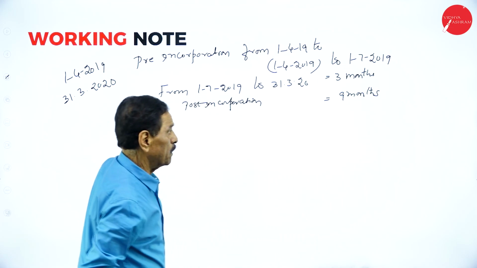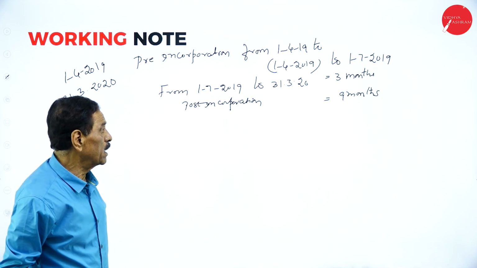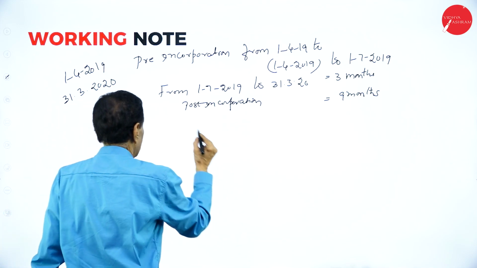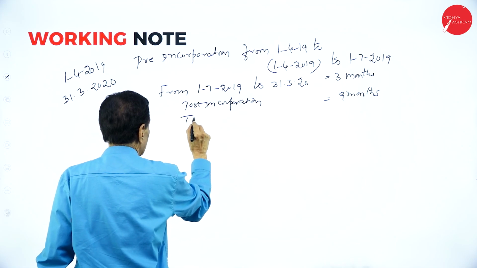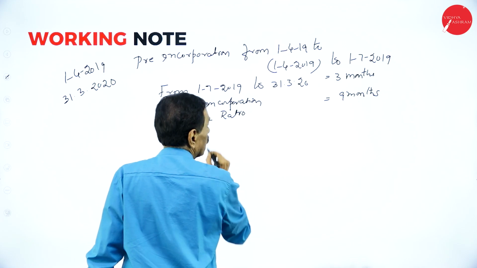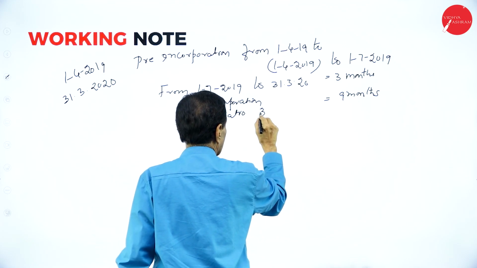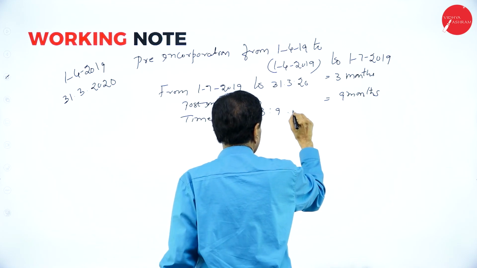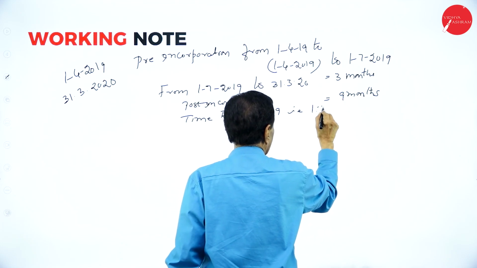So the pre-incorporation period is 3 months and the post-incorporation period is 9 months. Therefore, the time ratio is 3 to 9, that is 1:3.